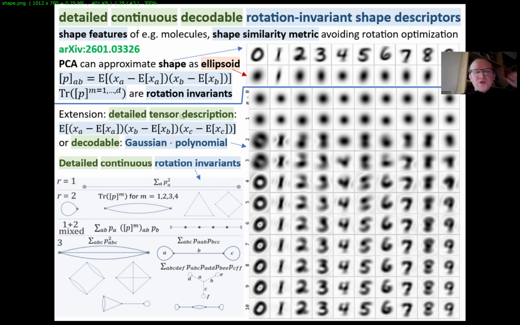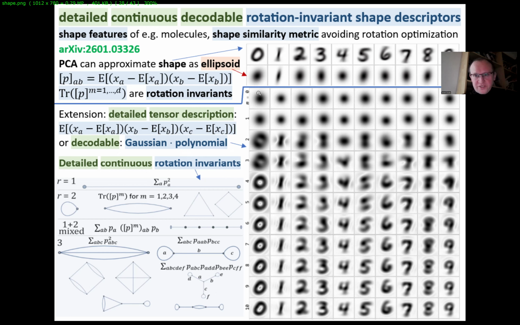So we can extend this covariance matrix defining this ellipsoid to, let's say, order 3 tensors, higher moments. But we could also do it in a decodable way, so that we know what a given description means, like Gaussian times polynomial.